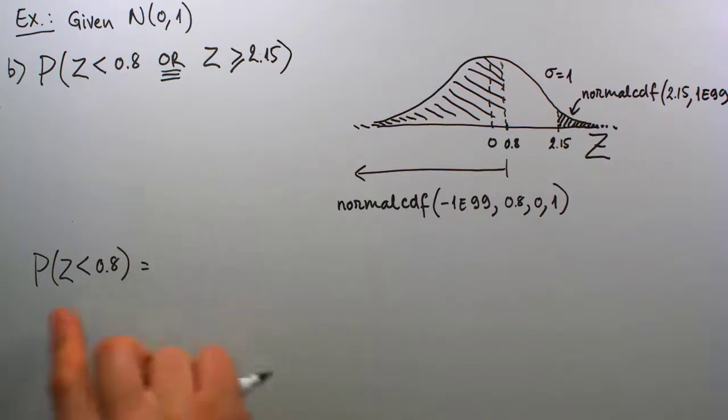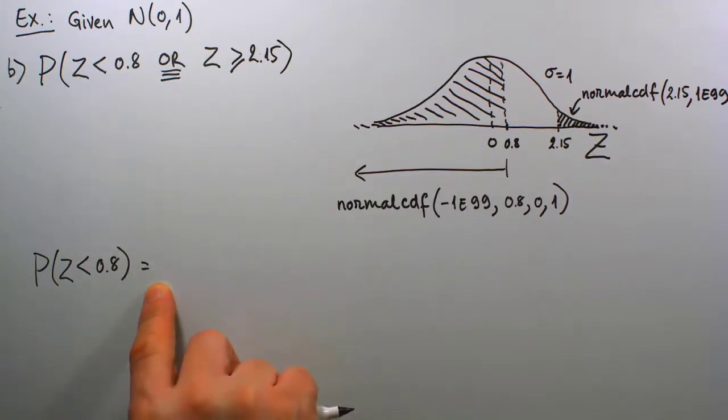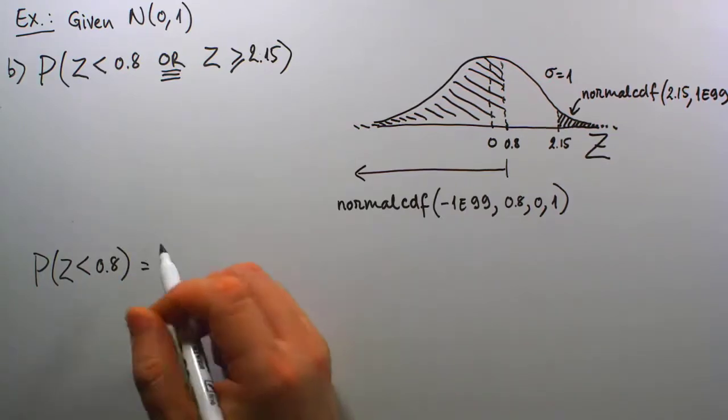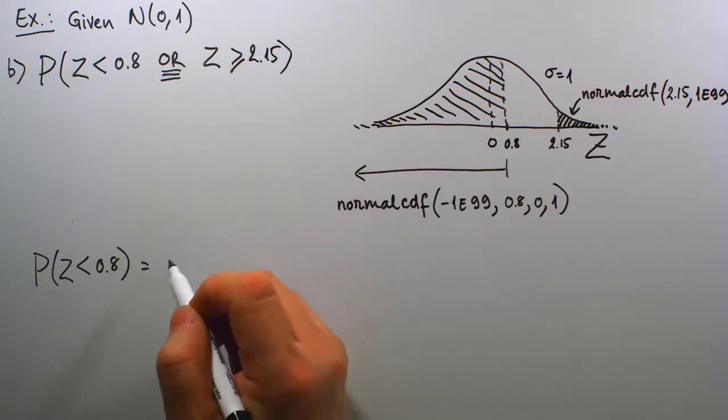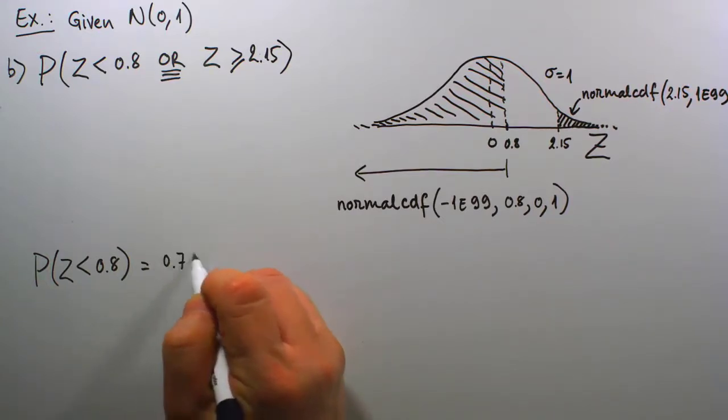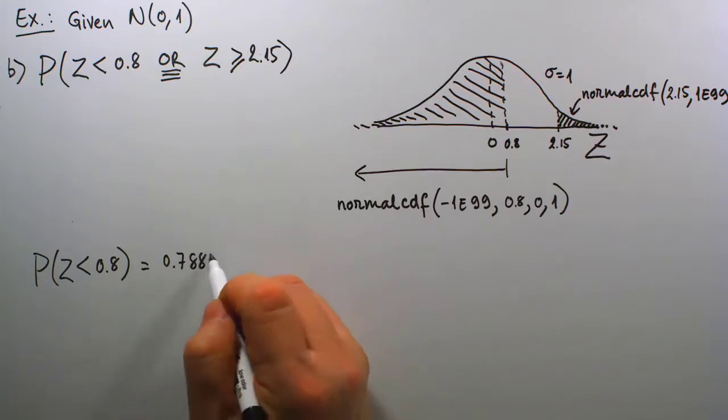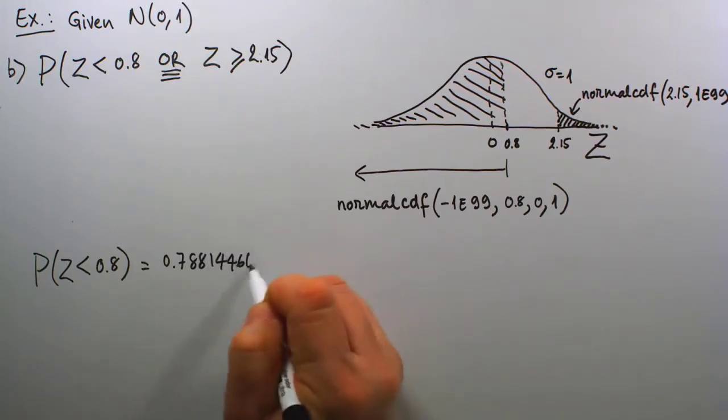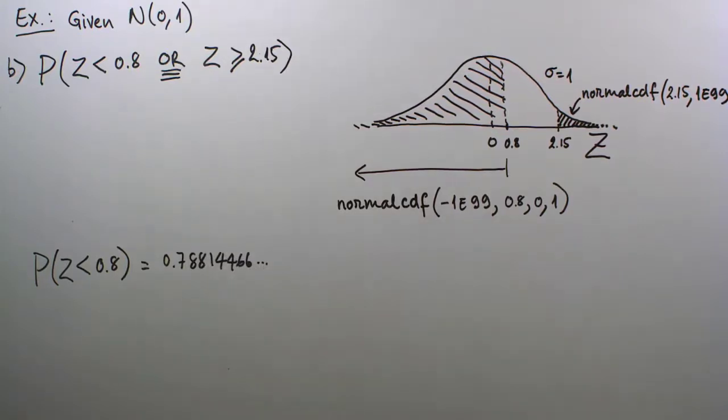This answer is not currently the final answer, so I am going to keep the complete full precision: 0.788144466 and a lot longer. Now I am going to use my calculator to store this value temporarily.